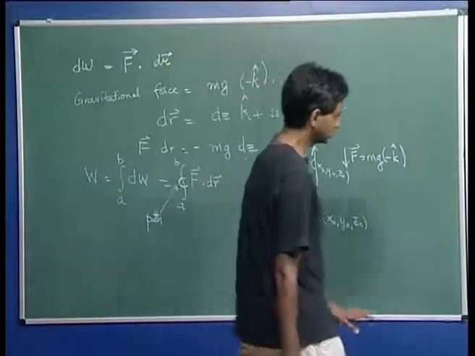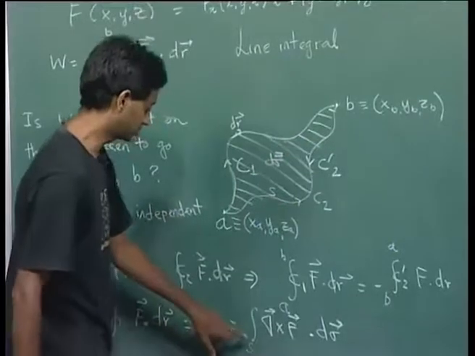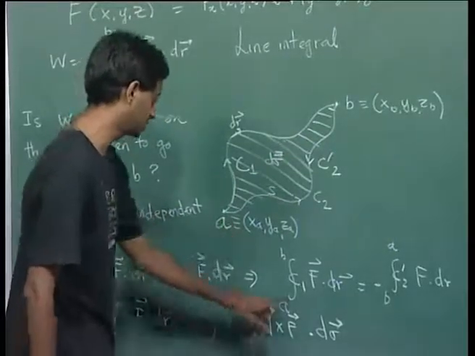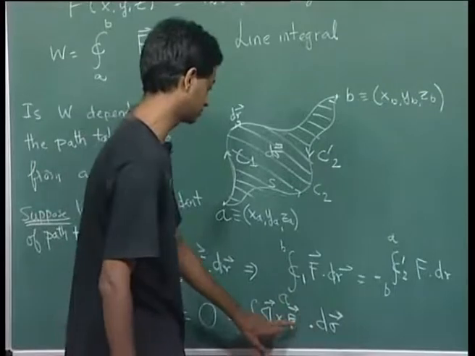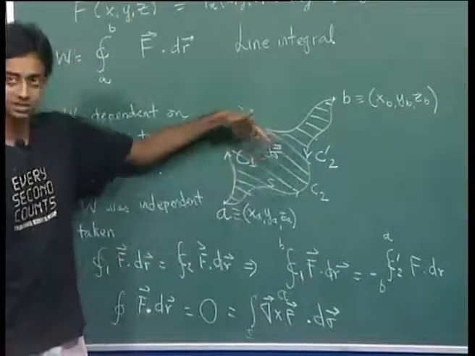So this is true for any closed path, and we can use Stokes theorem to say that this is equal to the integral of the curl of the force field over this surface.